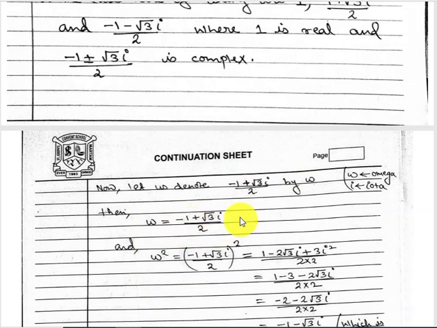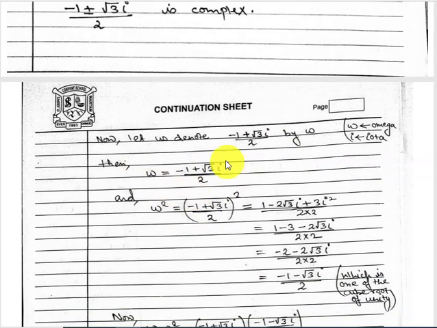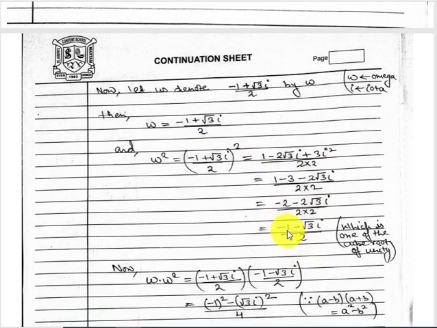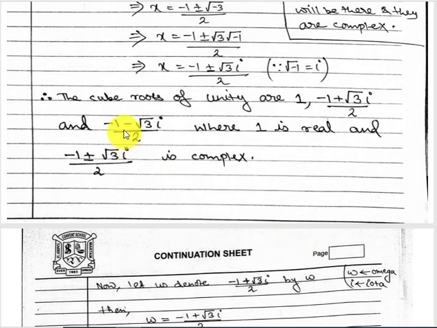Now what I'll do, I will take the square on both sides. On the right you take the square and simplify it, and at the end you will get this. But if you see, this is nothing but the other root, minus 1 minus square root of 3i upon 2.